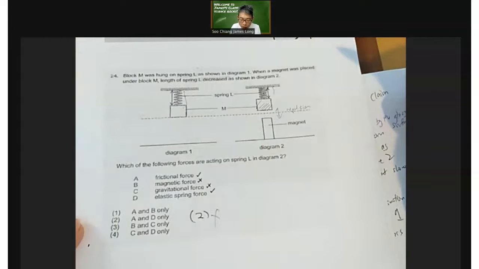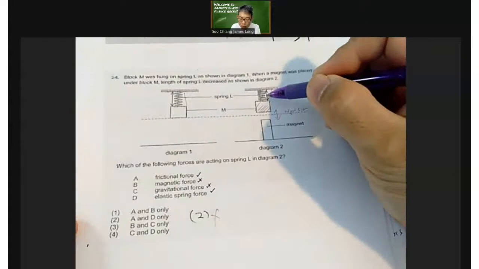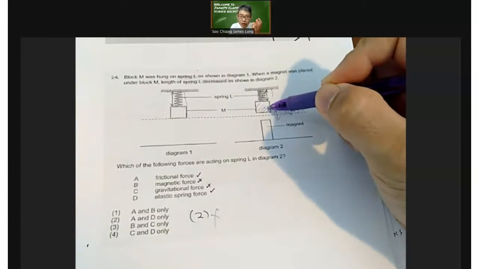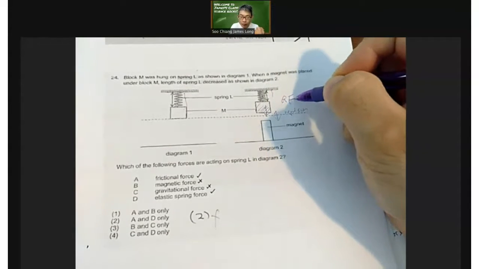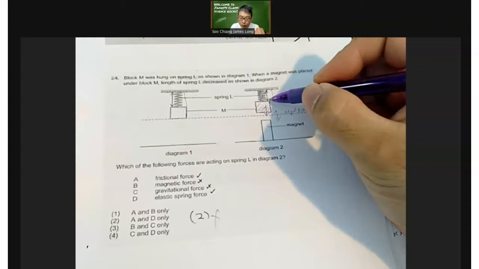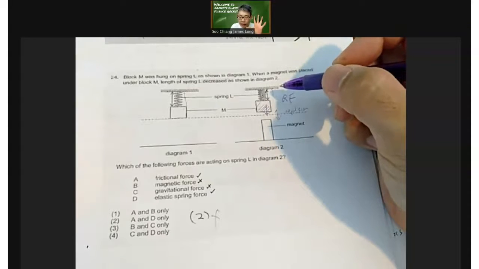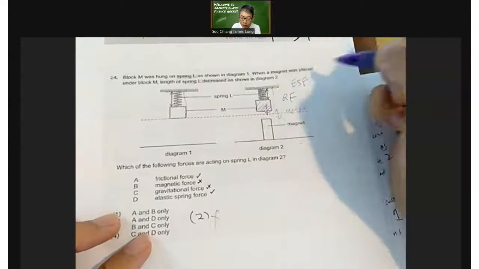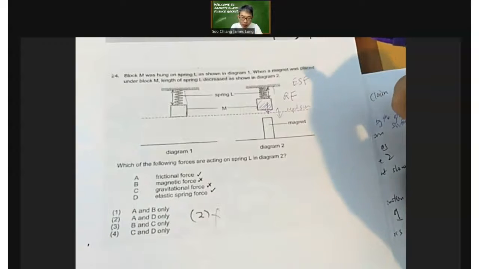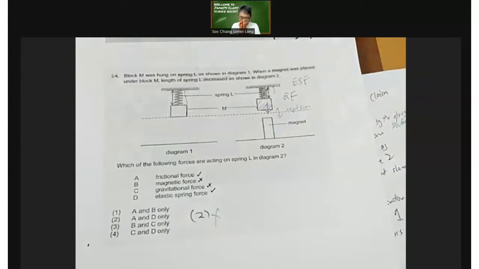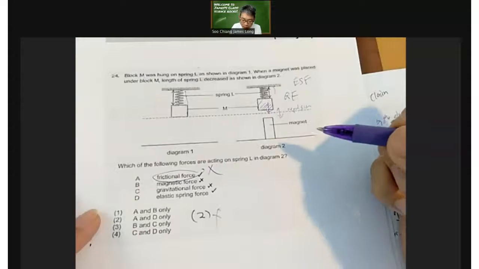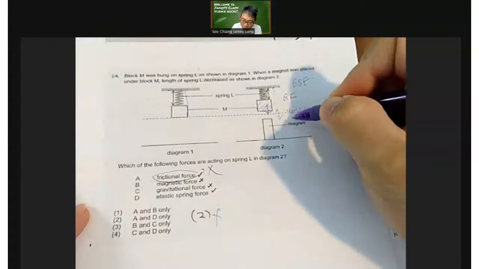So what are the following forces acting on spring L? This mass is still pulling down, so there is still gravitational force here. The spring is being compressed, so there is still elastic spring force. So these two forces are definitely there. No frictional force. You don't see movement in terms of sliding across the surface. There is magnetic force repulsion also?